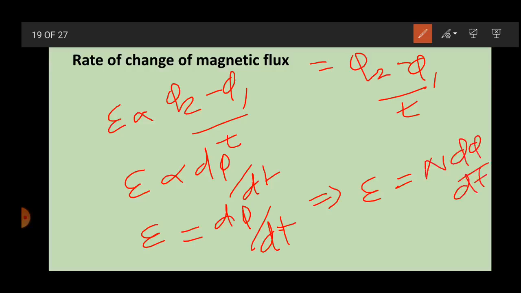So N is the number of turns, and Nφ_B is nothing but flux linkage, defined as the product of the number of turns N of the coil and the magnetic flux linking each turn of the coil, φ_B. This is φ_B, magnetic flux. Understand students? This is Faraday's second law.